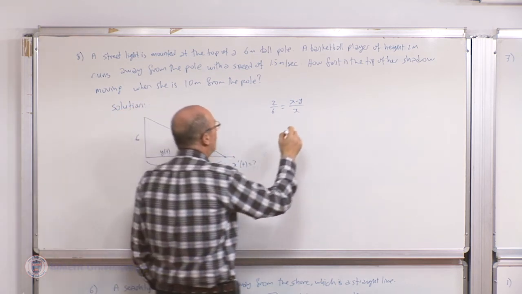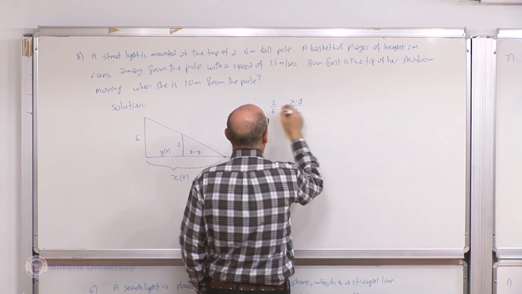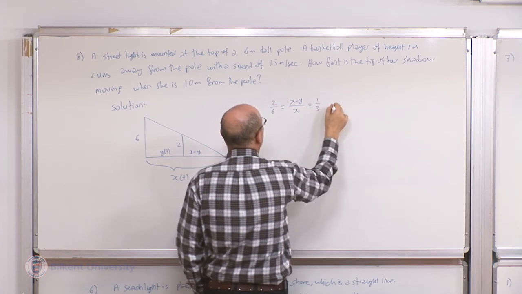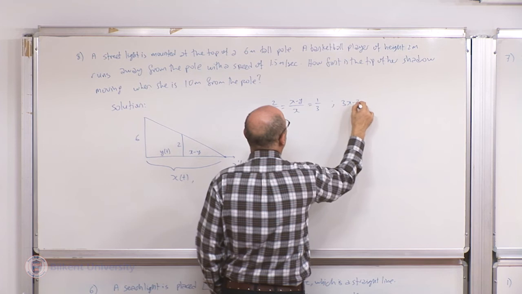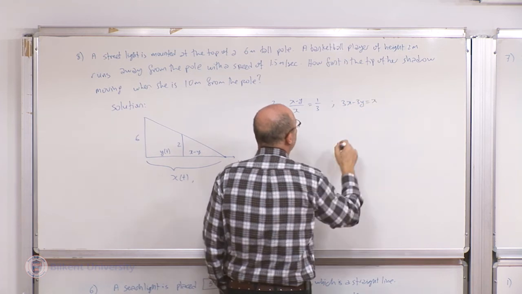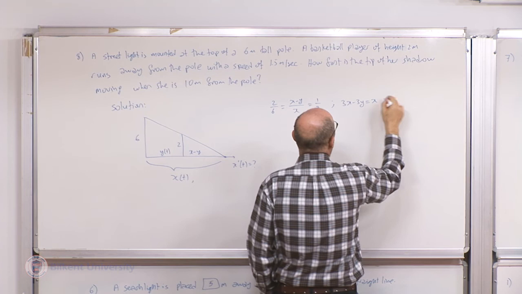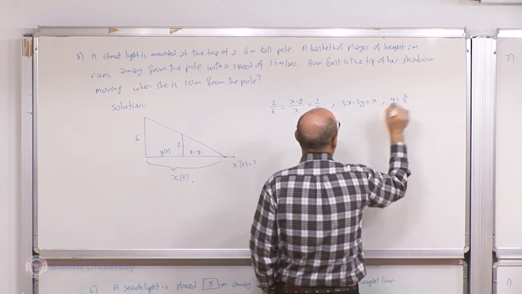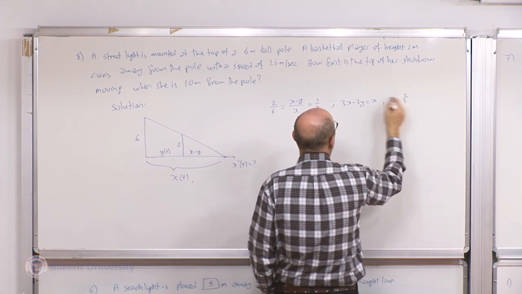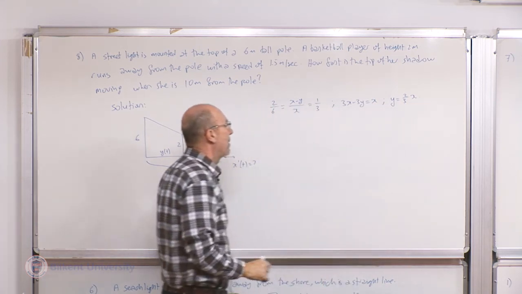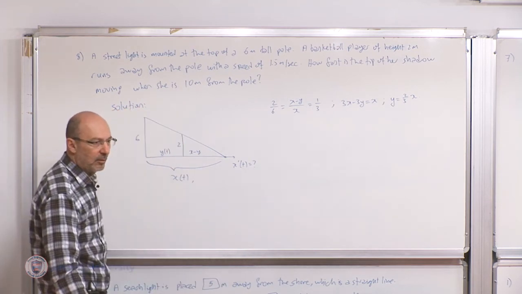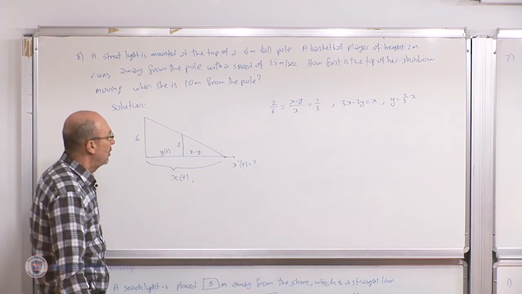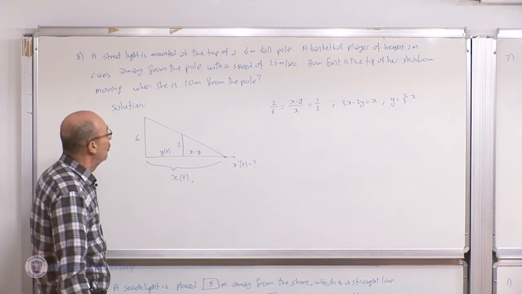Okay, so this is 1 over 3. So we have 3x minus 3y is equal to x, and y is equal to 2 over 3 x. For some reason, I didn't get to use 1.5.